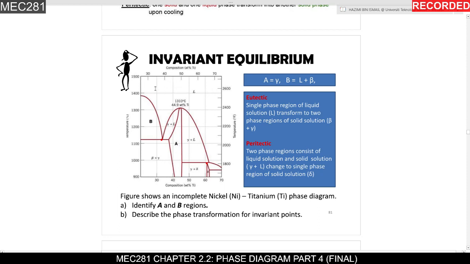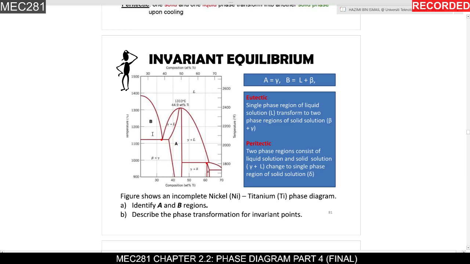Liquid here, around here, in between beta and gamma. Beta here, beta and gamma. For the B region, I can say that this is between the liquid, so it will be the liquid here, and also plus the beta.